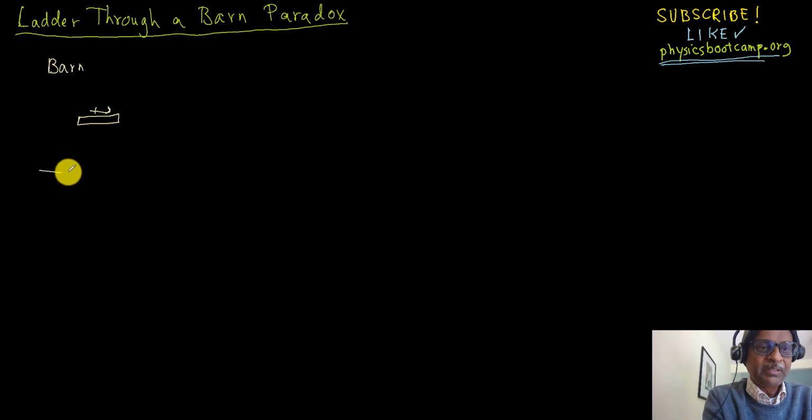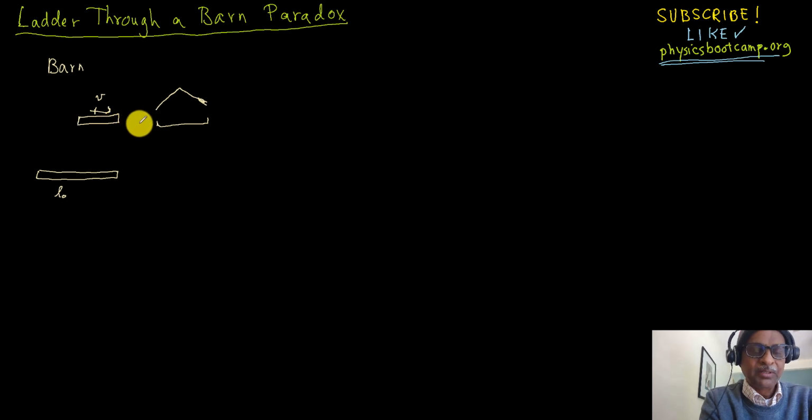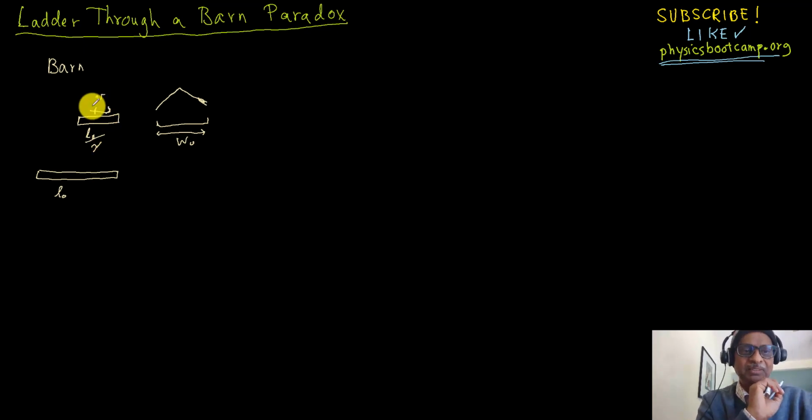The original length of the stick was L0, but it's moving with v. From the perspective of the barn, this one is at rest and this is moving, so this L0, with W0 the barn width, will become L0 over gamma, corresponding to the relative speed v.